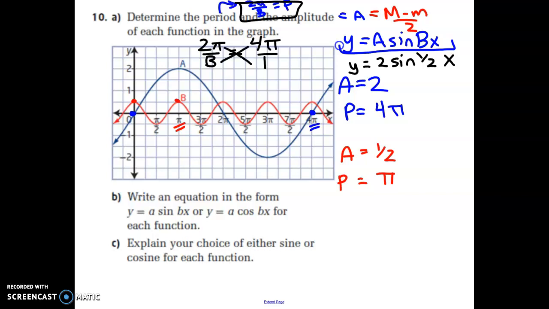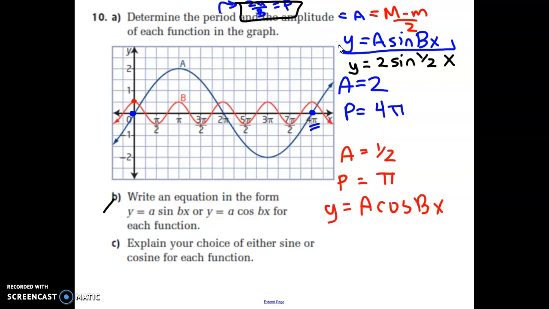Cross multiplying, I get 2 pi equals 4 pi b, and when I divide out the 4 pi, b equals, the pi's cancel, and 2 over 4 is half. So plugging into our formula where period equals 2 pi over b, and cross multiplying, can tell you your b value algebraically instead of logically.